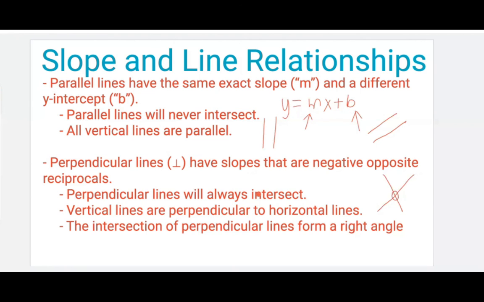You can also look at the previous images that demonstrated perpendicular lines. For example, vertical lines will be perpendicular to horizontal lines, and their point of intersection will be right there. The intersection of perpendicular lines will always form a right angle, an angle measuring 90 degrees.